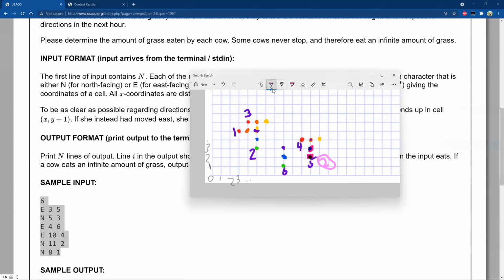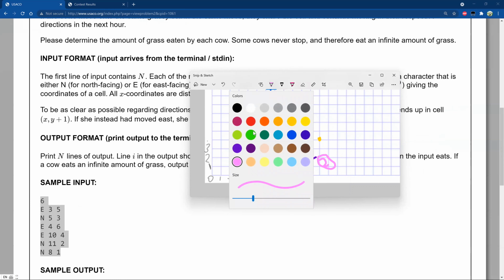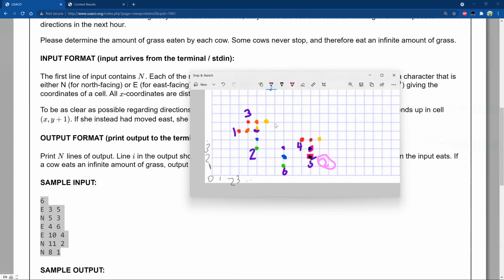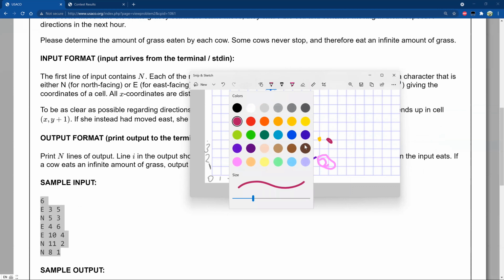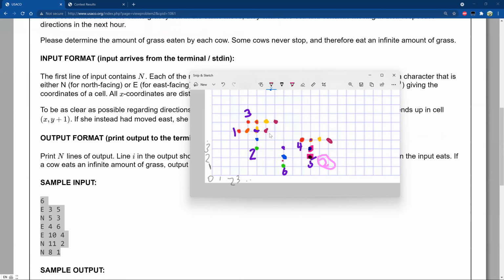Okay. Now for the next time, right? Let me use this. Cow 3 will continue. Cow 2 will move over here. And cow 1 will go over here. Cow 4 will go over here. Cow 2 will be blocked by cow number 3. And pick a suitable color.